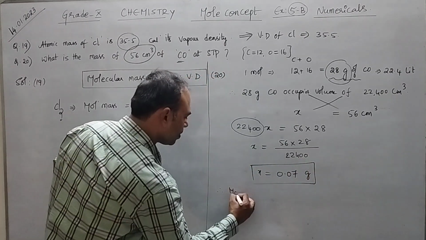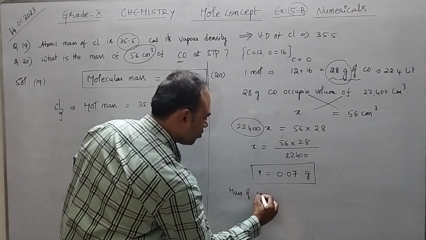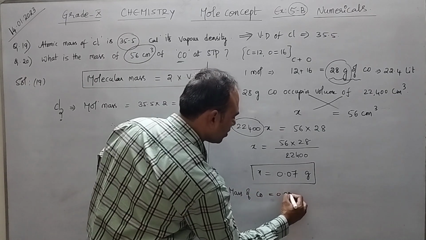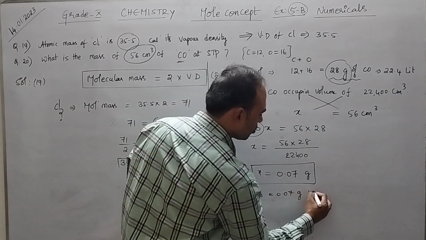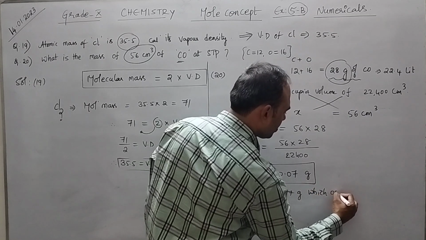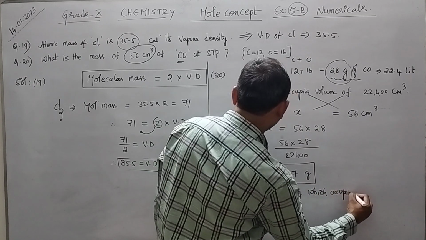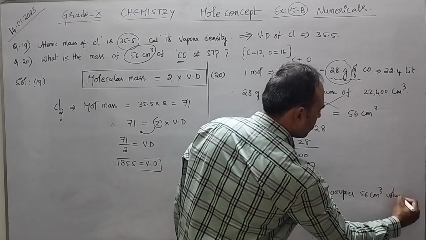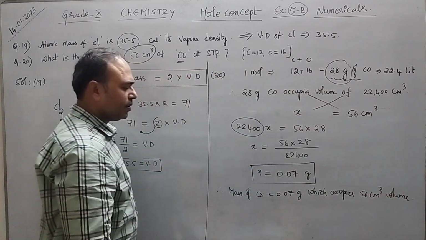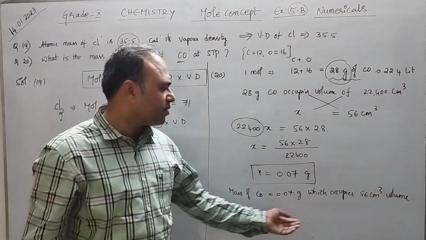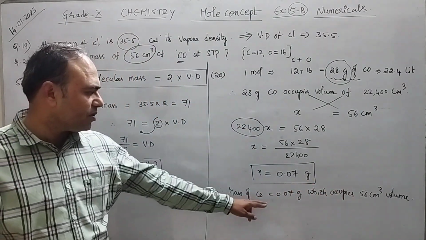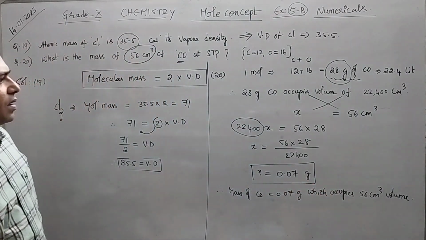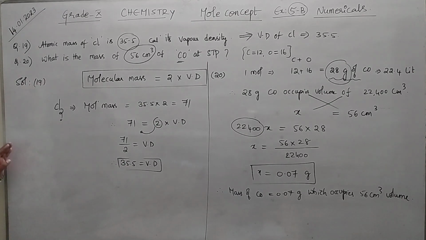Therefore, mass of CO is equal to 0.07 grams, which occupies 56 centimeter cube volume. Okay. So how much mass will occupy 56 centimeter cube volume? Nothing but 0.07 grams. Hope you have understood this. Make a note of question number 19 and 20. Let us move to question number 21.